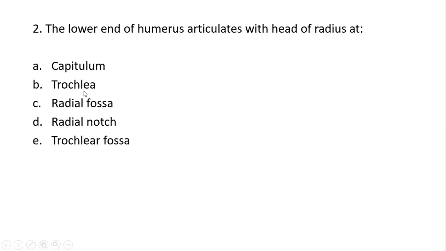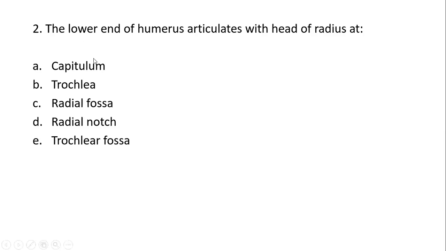Trochlea, which is a pulley-shaped part of the lower end of the humerus, articulates with the trochlear fossa of the ulna. We are left with the radial fossa. Radial fossa is located just above the capitulum, so that its purpose is merely to accommodate the head of the radius with the arm and forearm, particularly when the forearm is flexed at the elbow joint.